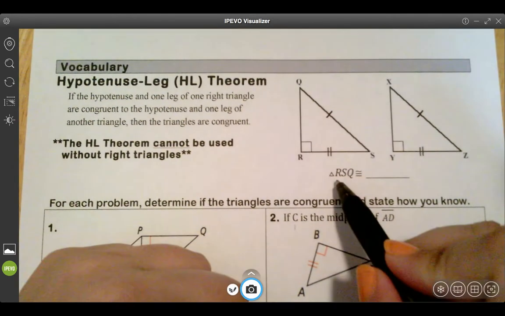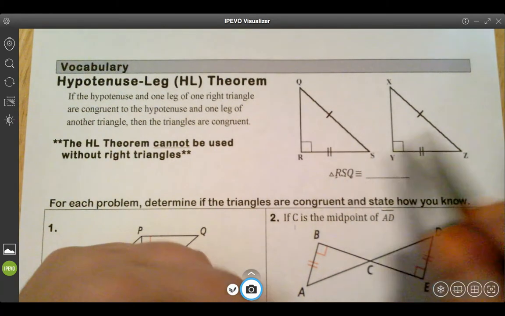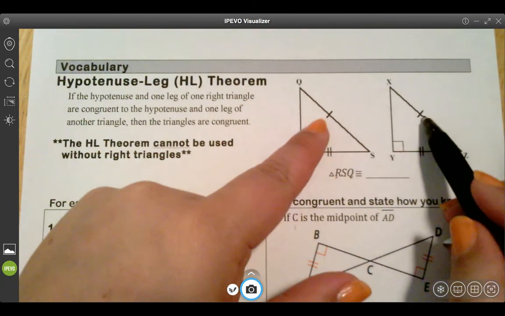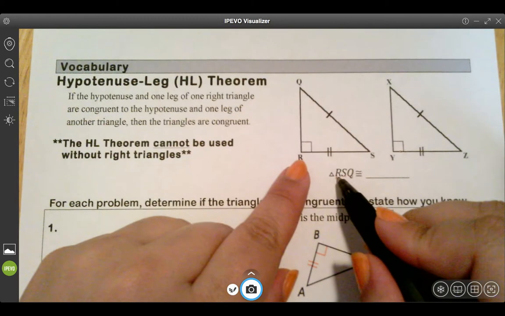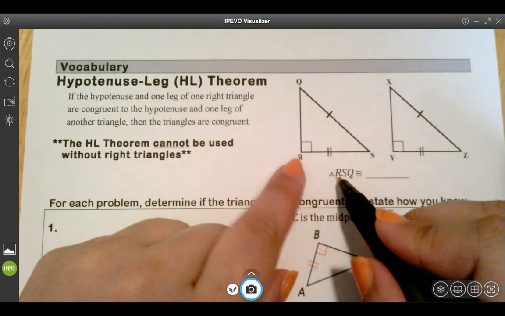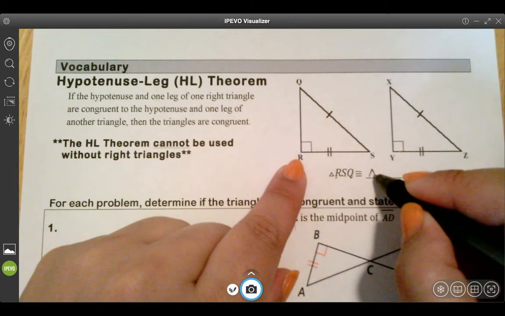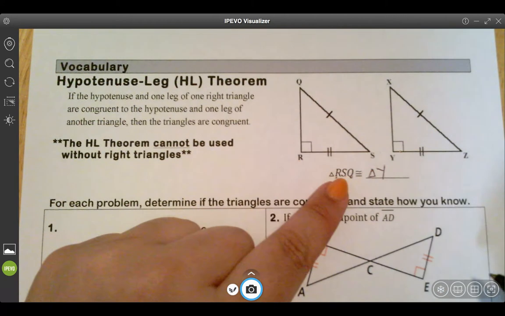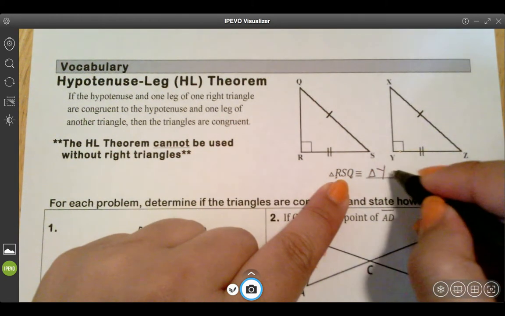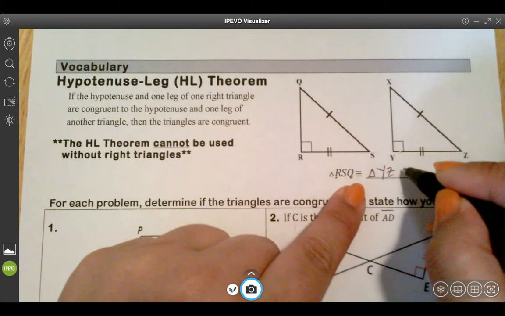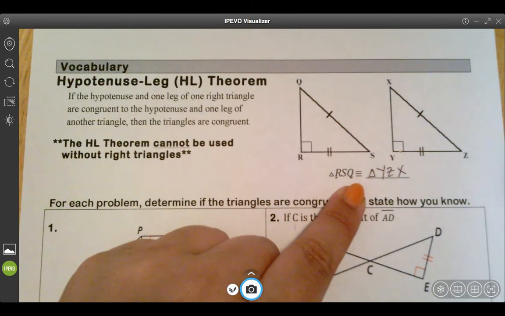And so we have triangle RSQ with right angles, congruent hypotenuse, and a congruent leg. And so we say which angle corresponds with R is the other right angle, so that's going to be triangle Y. S is between the hypotenuse and the congruent leg, so that's Z. And then the one that's left over is X.